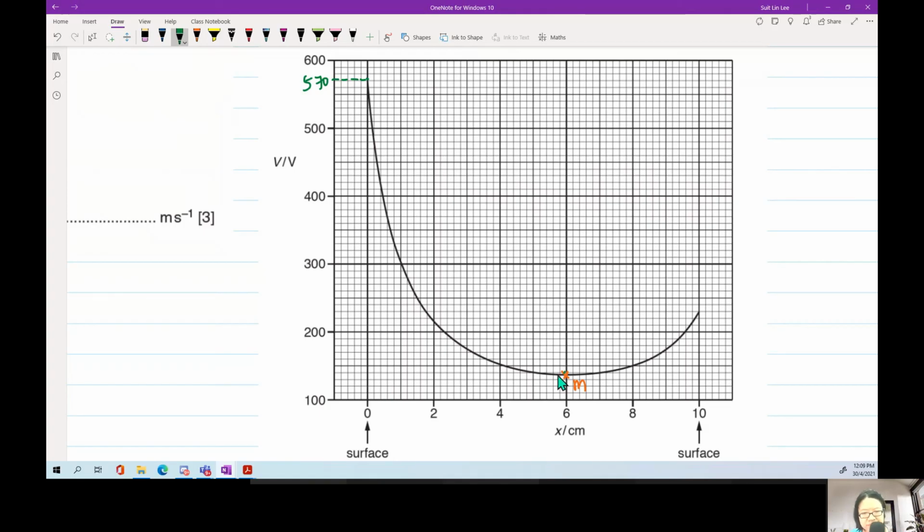Here, let's take this one, this is 140. It's slightly less than 140, but never mind. So the change in potential, this delta V, is the greatest.